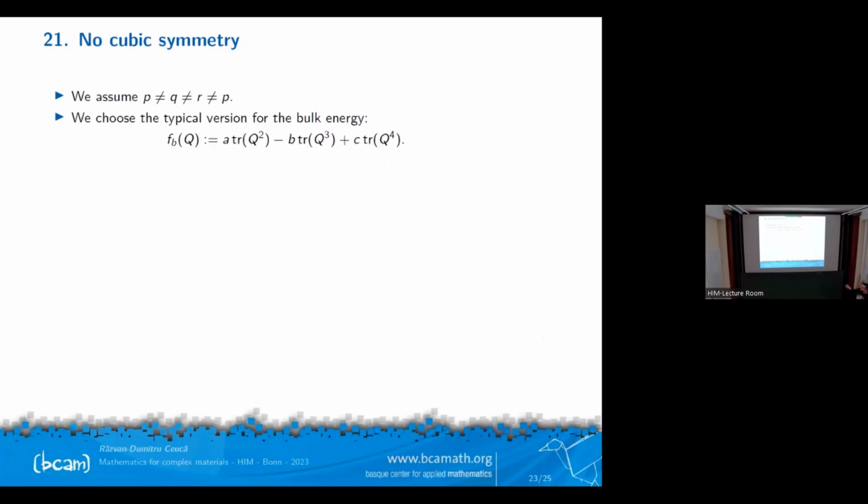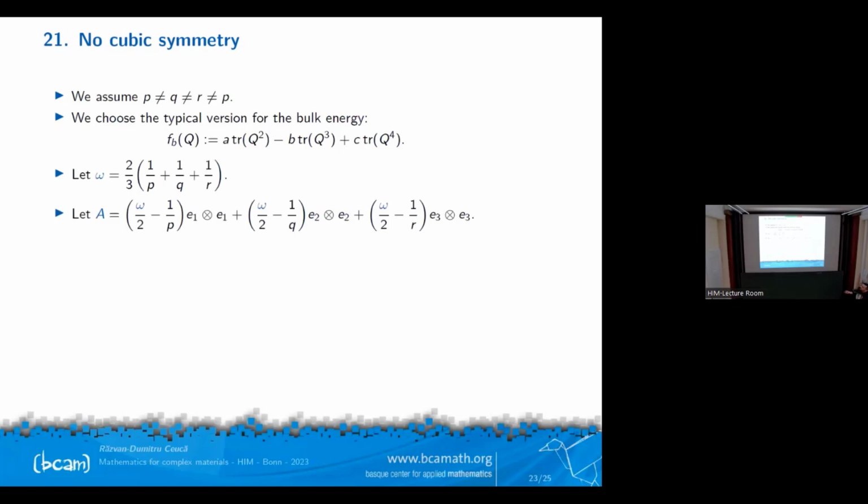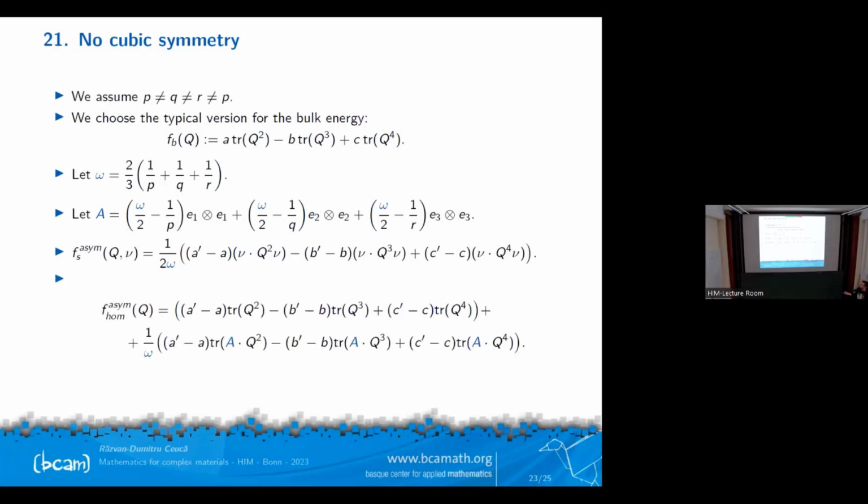Again, we start with the same typical choice of the bulk energy, and we need to introduce two new parameters: a constant which depends on P, Q, and R, and a Q tensor A, which depends on P, Q, and R. If we choose the surface energy in the same fashion, with the same polynomial A prime minus A, and so on, the homogenized effect is going to have two parts. The first part is exactly the same as before, where A, B, C becomes A prime, B prime, C prime.